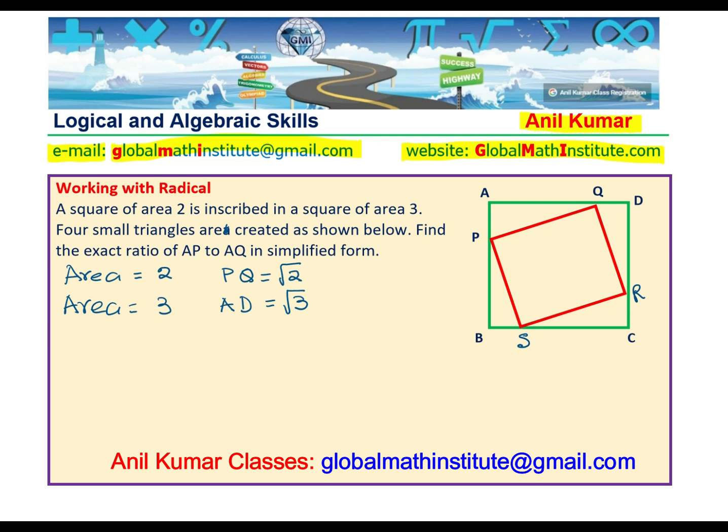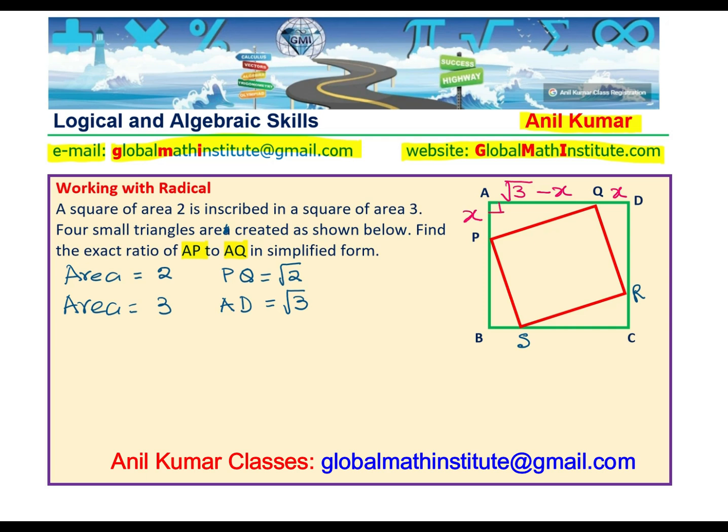We need to find the ratio of AP to AQ. So let AP be x. In that case, AQ will be square root 3 minus x, right? Since this side is also x. Now we can use the Pythagorean theorem.